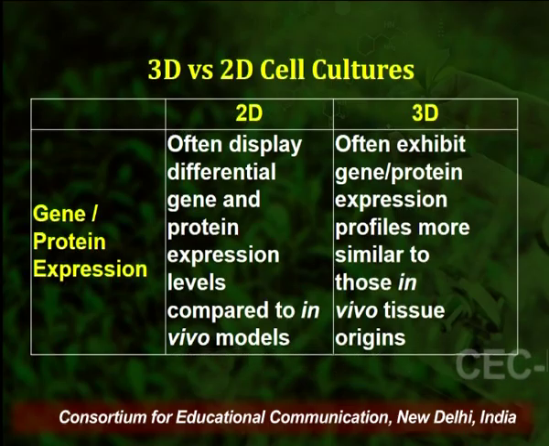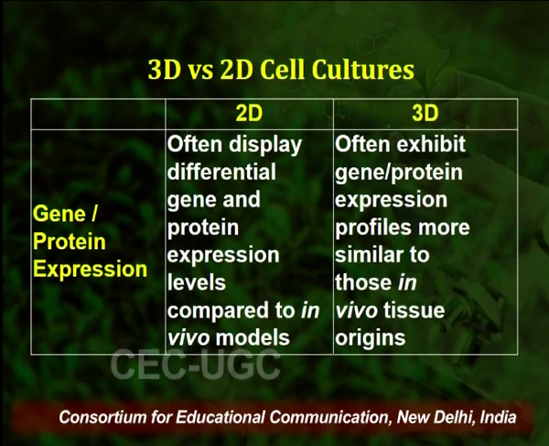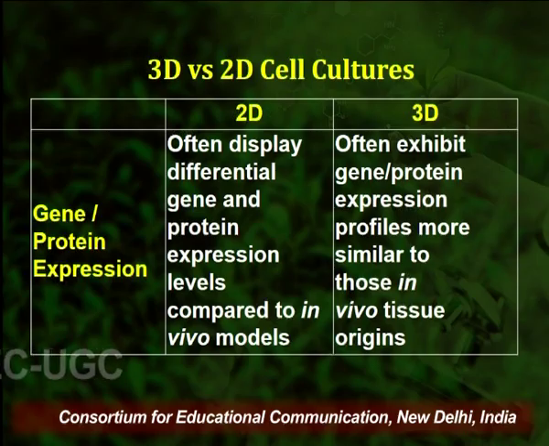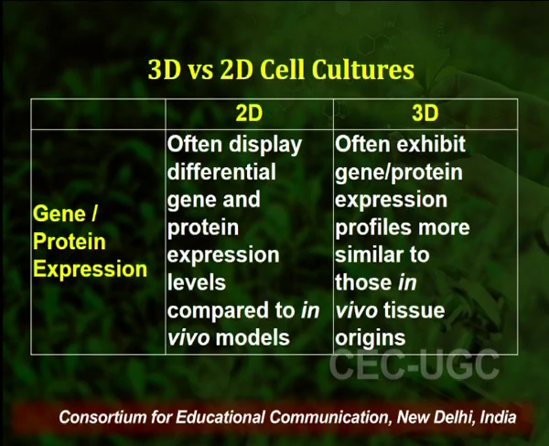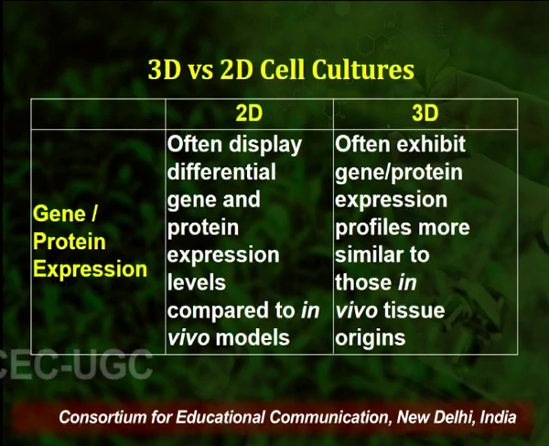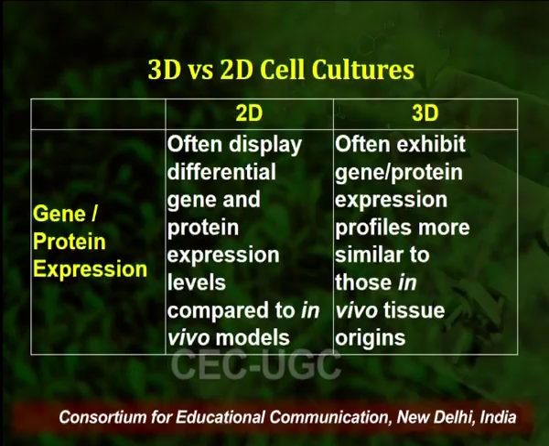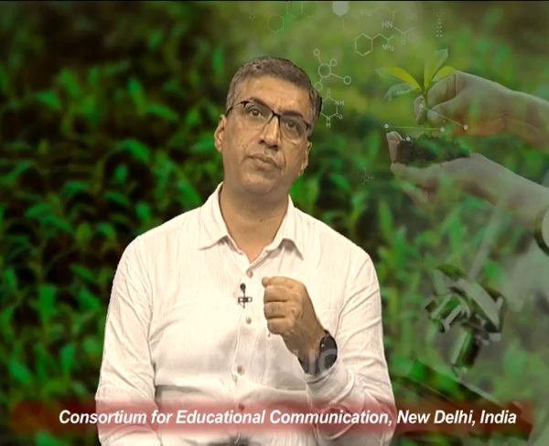On the contrary, the cells in 3-dimensional cultures often exhibit similar gene and protein expression profiles to those of the in vivo tissue organs, because these cells in 3-dimensional cultures are present in almost the same kind of natural environment in which cells are present in the living system, and therefore their gene or protein expression profiles are almost the same as what we can observe in the in vivo tissues or tissue organs.